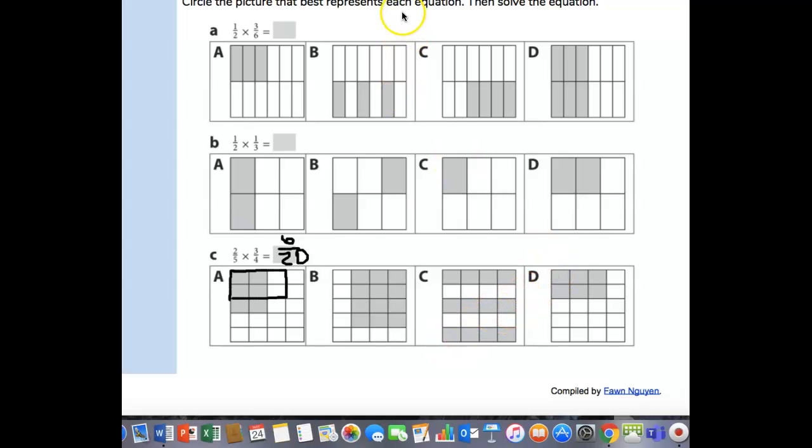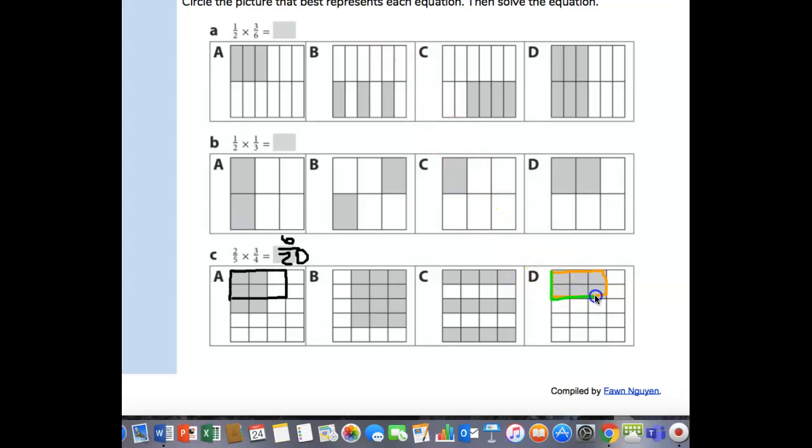This one is the one we did here, and it does look right, doesn't it? 2/5 was right here, and then 3/4, 1, 2, 3, 4 was right here.